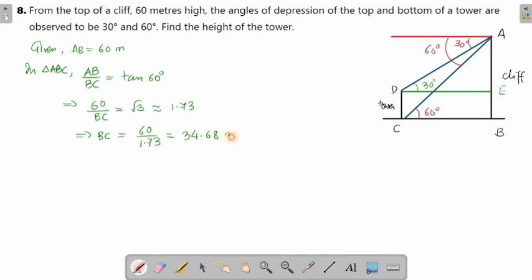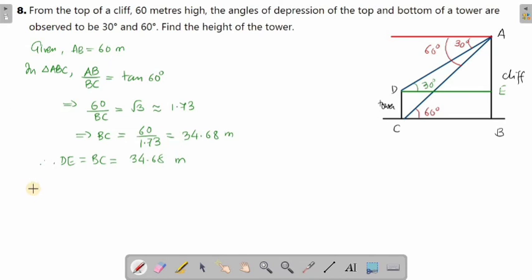So this is the length of BC. If BC is this much, then DE will also be equal to BC. So the length of DE is also 34.68.